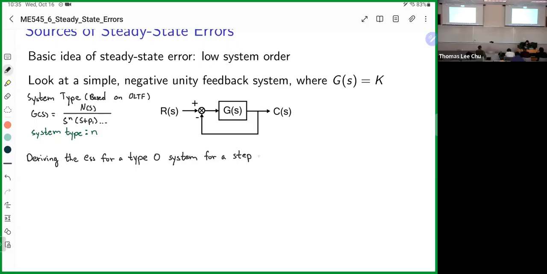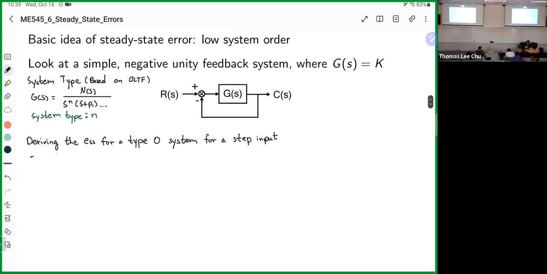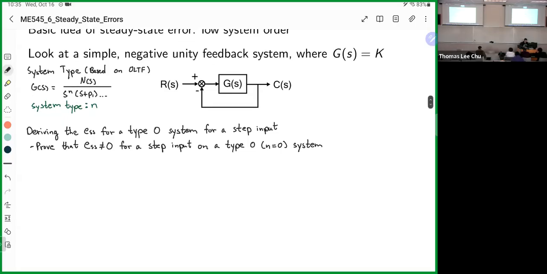What I'm trying to conclude with this derivation is to prove that steady state error is always non-zero for a step input on a type 0 system. So type 0 meaning n is equal to 0. So that's the goal of this derivation here.